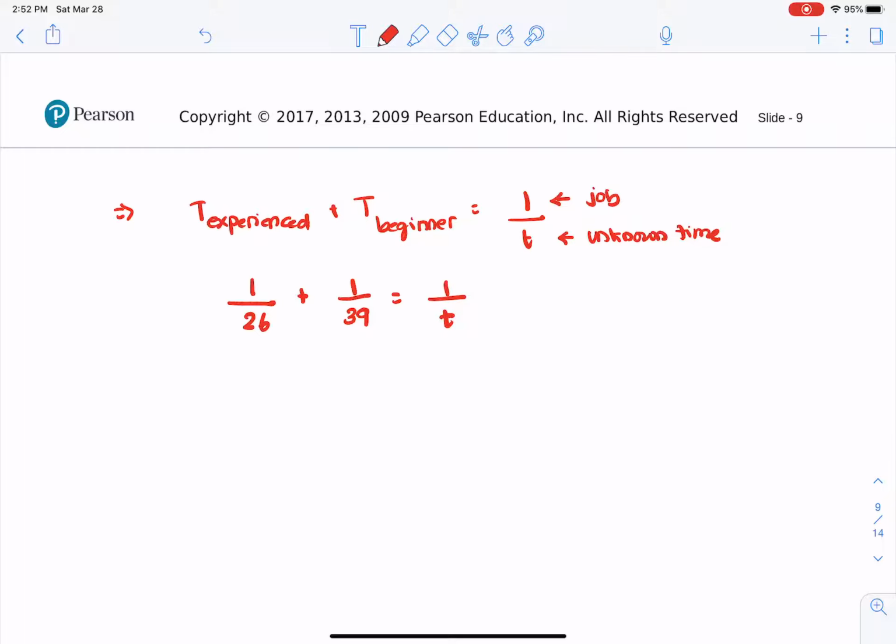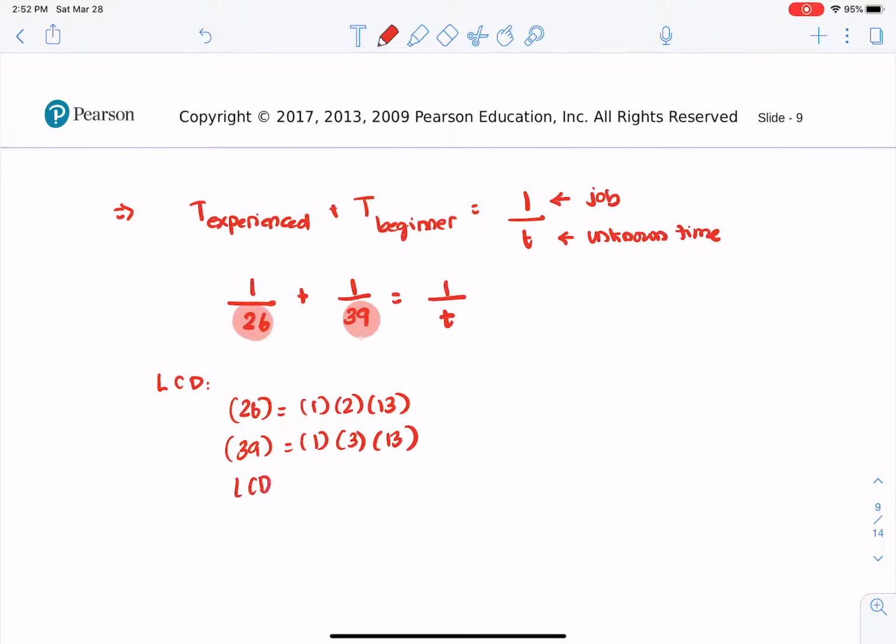We have two terms on the left-hand side, so we need to find the common denominator. There is nothing in common between those two terms, so I'll take that back. So we could write 26 as 1 times 2 times 13. We could write 39 as 1 times 3 times 13.